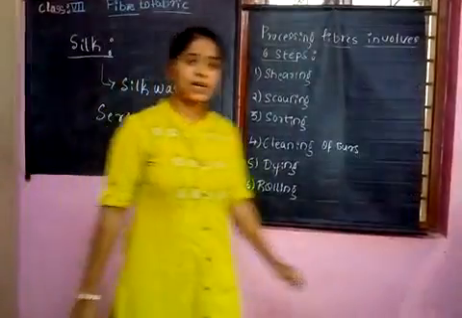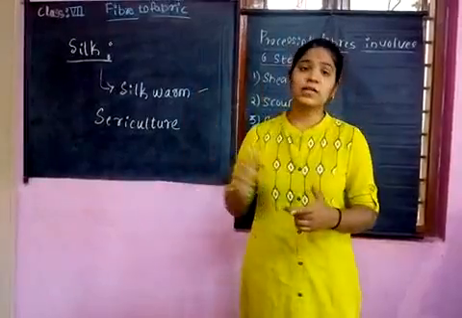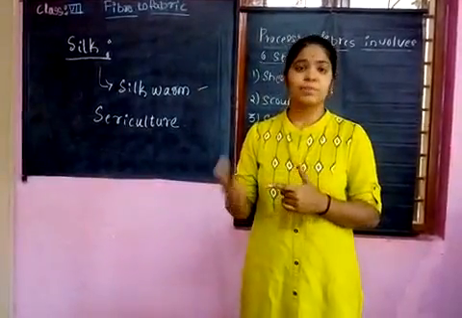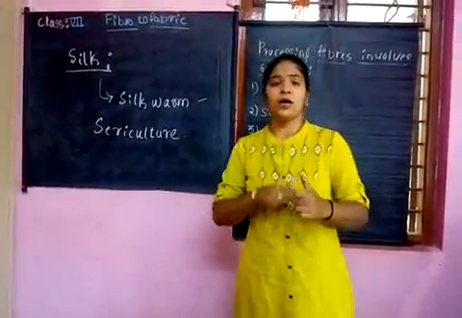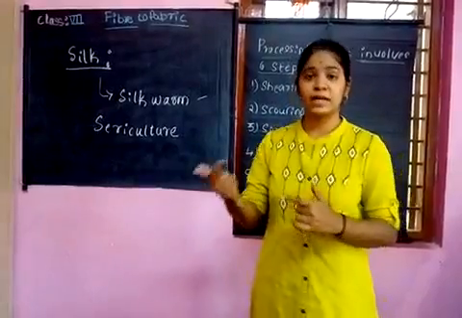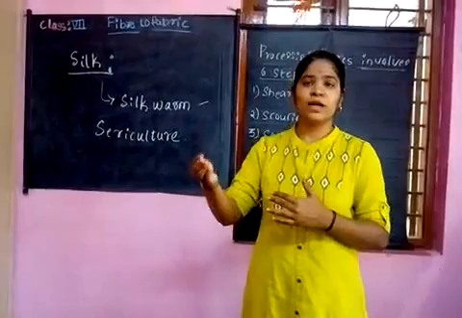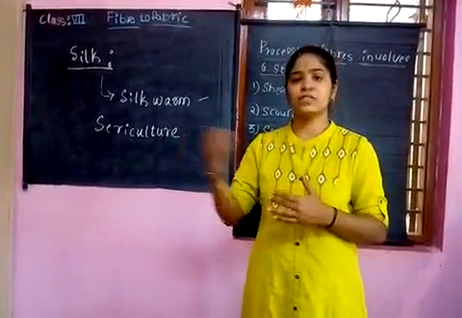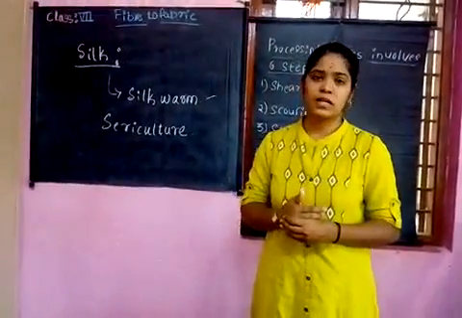In this sericulture, the silkworm spins the silk. That is the main product of the silk. Okay, I am going to tell you the process later. Before going to how the silk is produced, we are going to study the life history, or a brief explanation, of the silk.